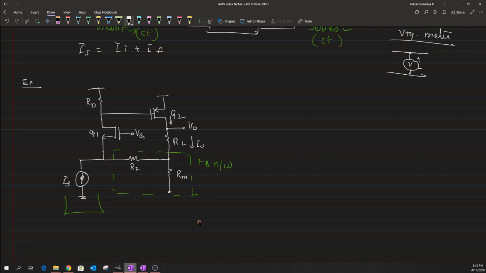In case I had Q2 here, and then, for example, I had a resistance, and if this node is labeled as V0 and the feedback network is trying to measure directly from here, then we are sampling a kind of voltage.